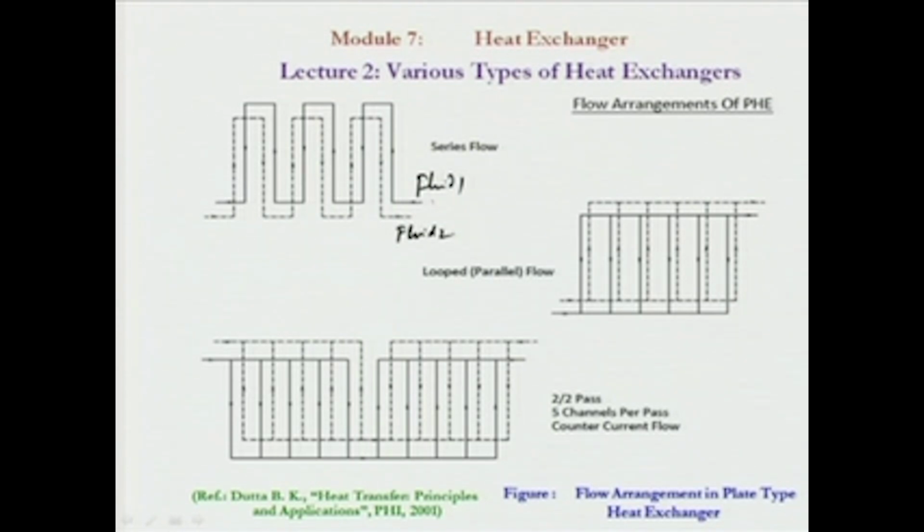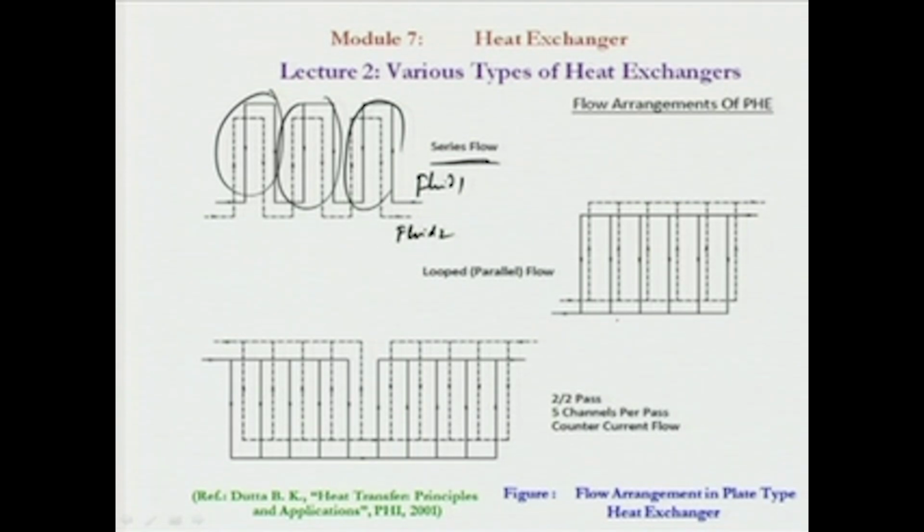Okay, so hot and cold fluid are going anti-parallel, counter current flow in this case. This is the diagram for one plate. So this consists of one plate, this is another plate, and this is another plate. So they are in series arrangement, therefore it is called series flow.